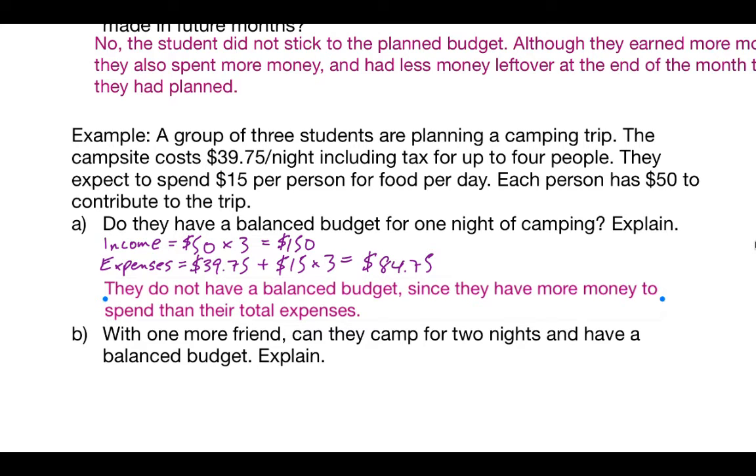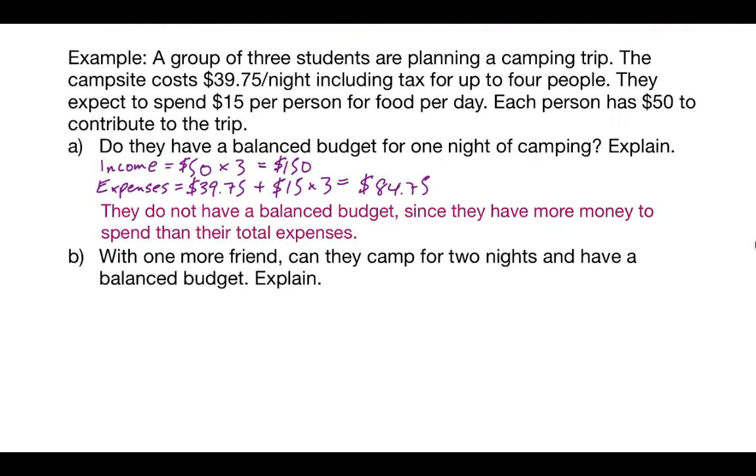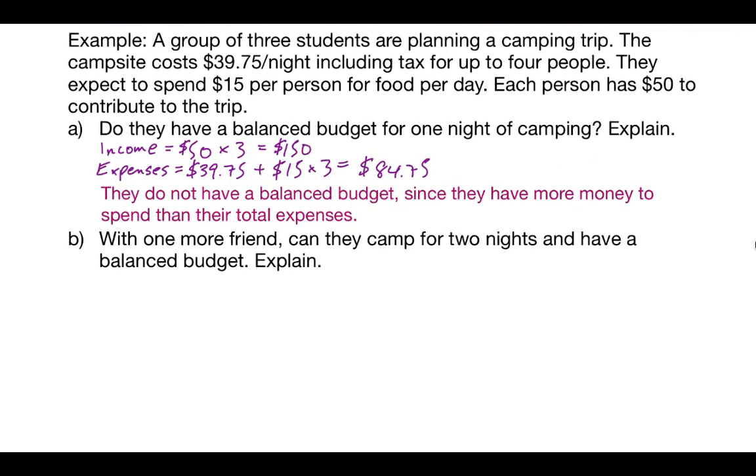So it's not a bad thing. They've got money left over. It's just that if they're organizing it and they're saying, okay, each of us needs to chip in $50, well, it's more than is necessary. So maybe they decide to change their plans. Like maybe they add one more friend and they decide to go for 2 nights. So let's see how that turns out.